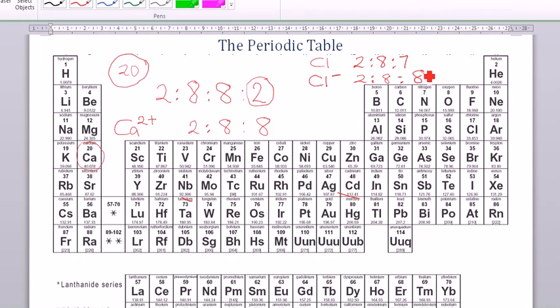Note the ions always have a full outer shell, a full valence shell of electrons, either by losing or gaining electrons. Metals and hydrogen lose electrons, non-metals gain electrons, forming negative anions.